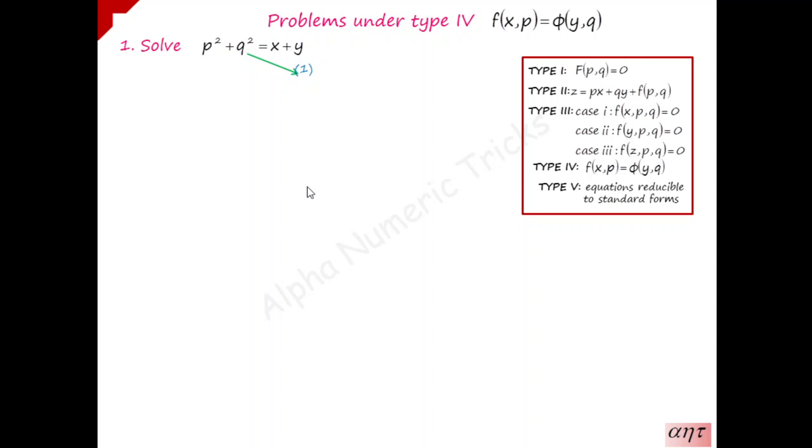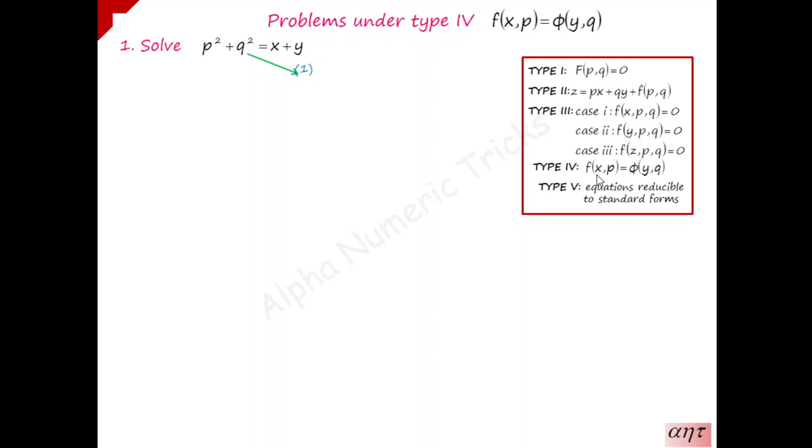The problem asks us to solve it, so you have to find the complete integral, singular integral and the general integral. And what is the procedure for type 4 problems? Let us recollect. How will you get the complete integral for this type of problem?